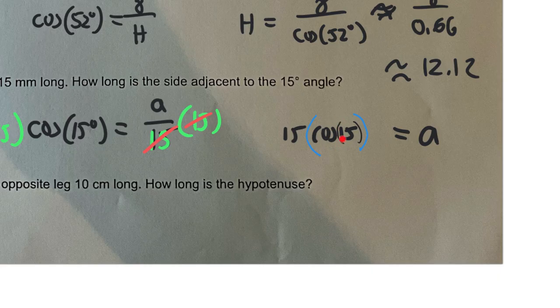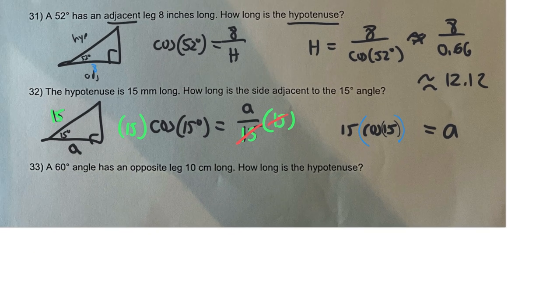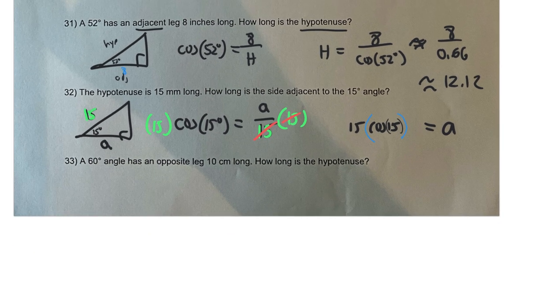And what we're doing is we're multiplying this number times 15. Now, typically when you're multiplying a trig function times a number, you put the number out front. So it's very clear that it's going to be this 15 times this, whatever this number is.